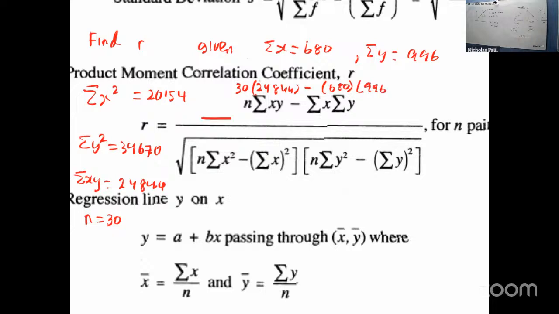Then you divide all of that by the square root of what's inside here, the square root of n, which is 30.